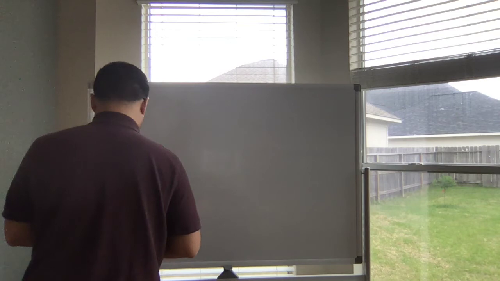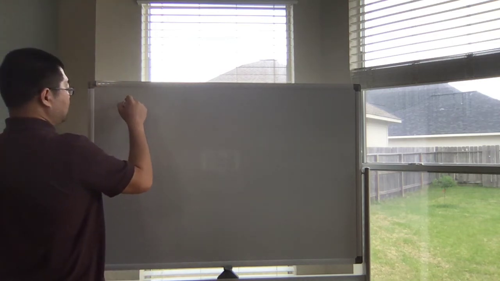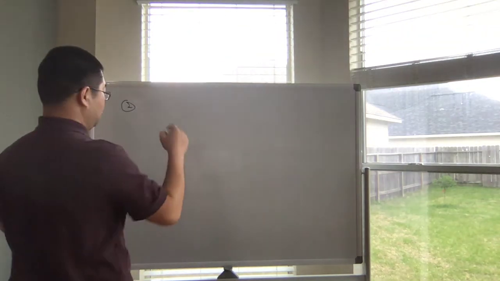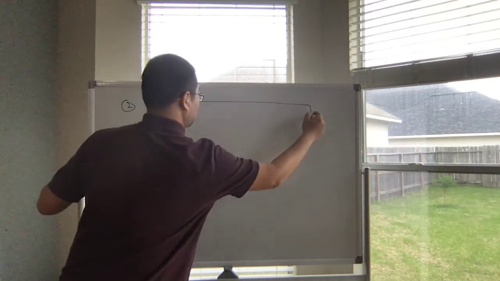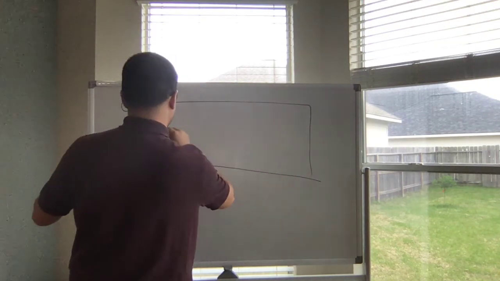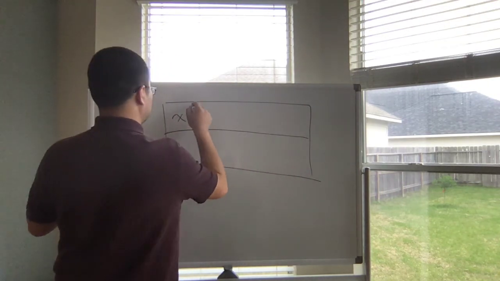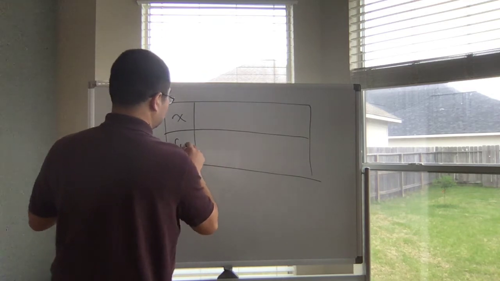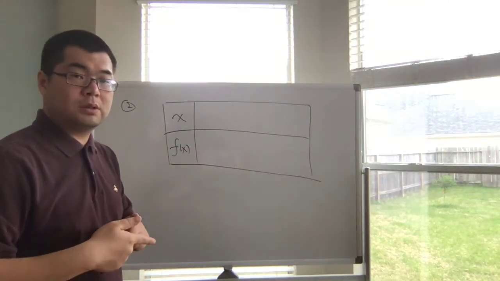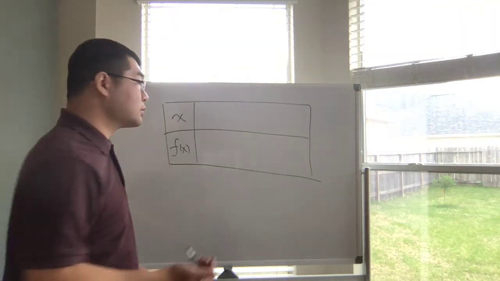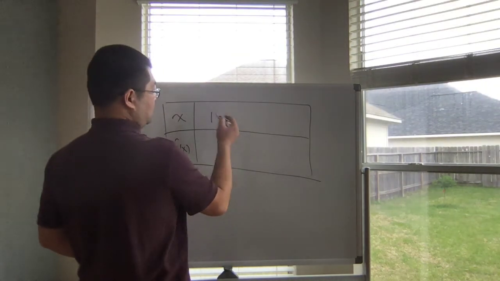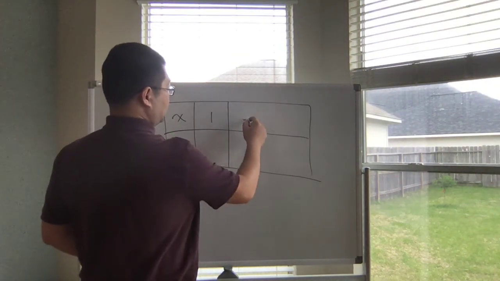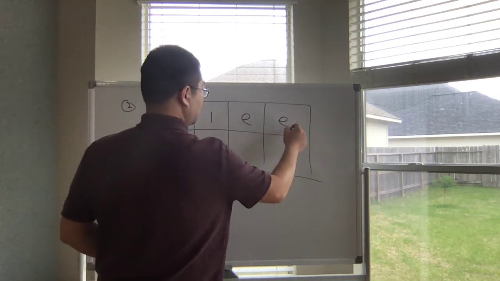Normally, when I do step 2, I like to draw a table. In the first row, I list all the endpoints and the critical numbers. The left endpoint is 1, I have critical number e, and the right endpoint is e squared.